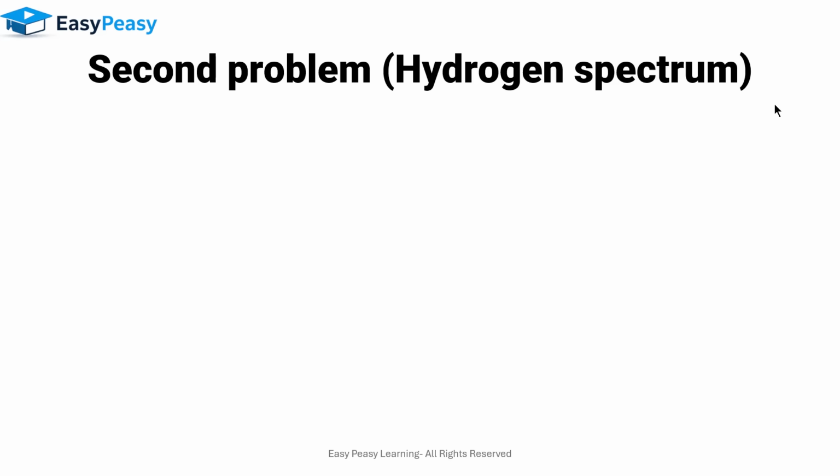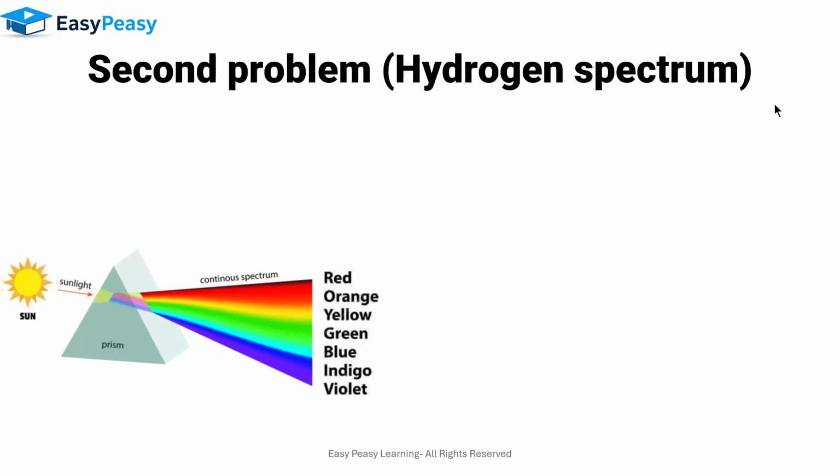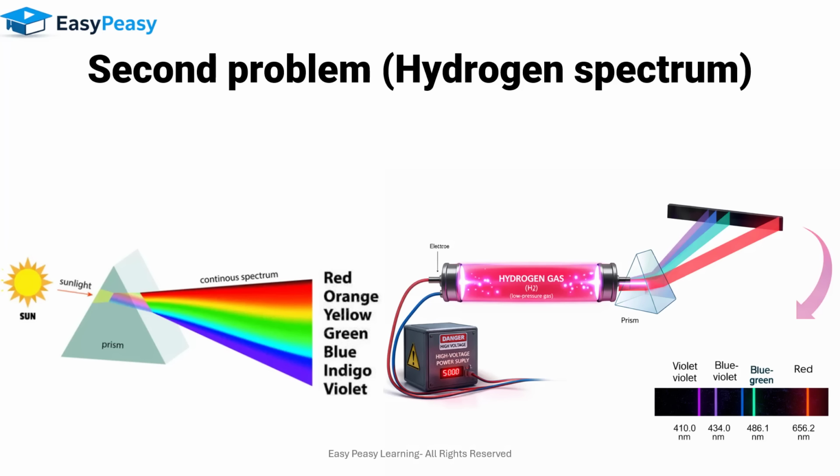The second problem was the hydrogen spectrum. At that time, when sunlight was passed through a prism, it made a continuous spectrum with the rainbow lights. But when they used the same prism for hydrogen gas to make the hydrogen gas spectrum, they didn't find a continuous spectrum.